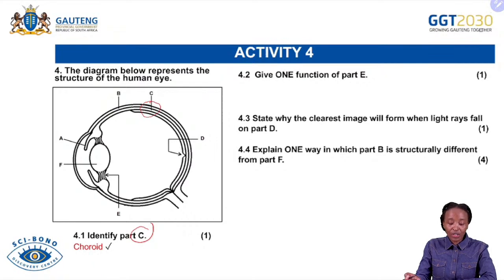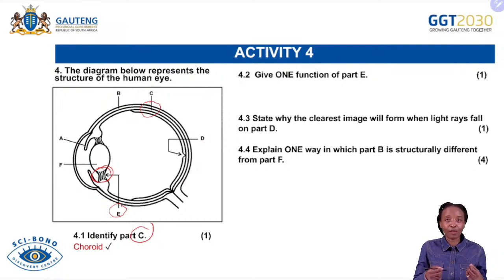And then the next question says give one function of part E. So where is E? E is over here, and E is pointing at this part, which we said is the suspensory ligaments. So the question is, state one function of part E. We said what it does, it controls the shape of the lens.